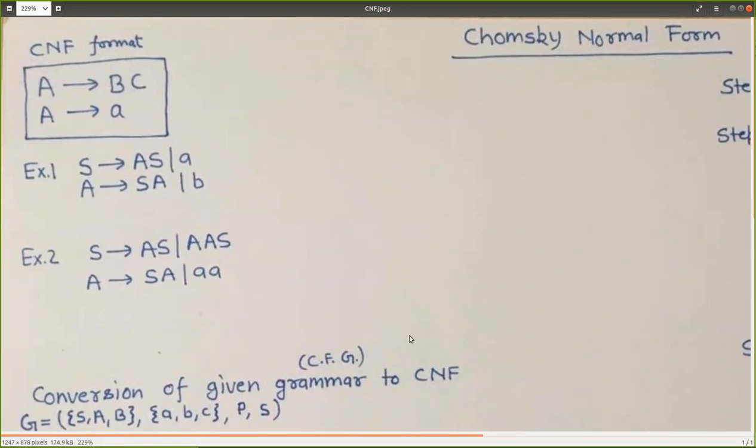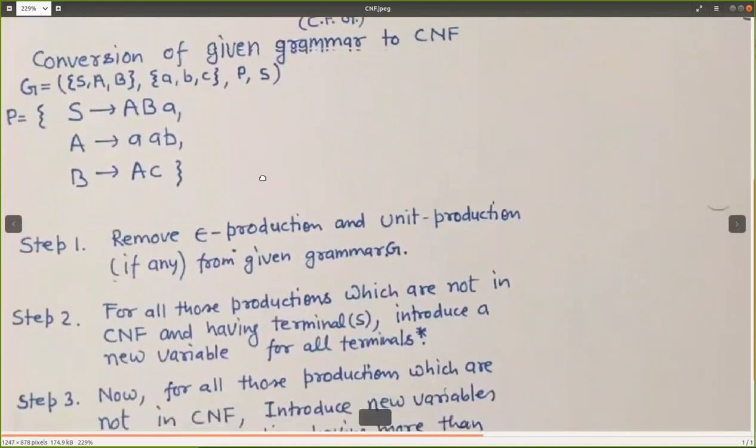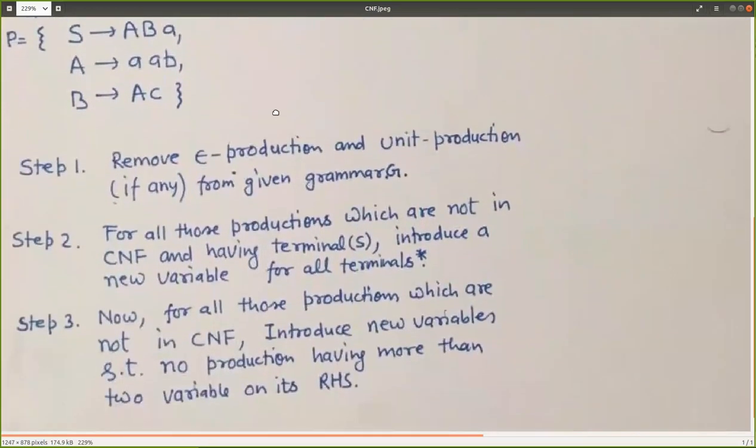In each and every production of a CFG, exactly one variable is on the left hand side. So if a context-free grammar is given and we have to convert it to Chomsky normal form, there are some steps we have to follow.